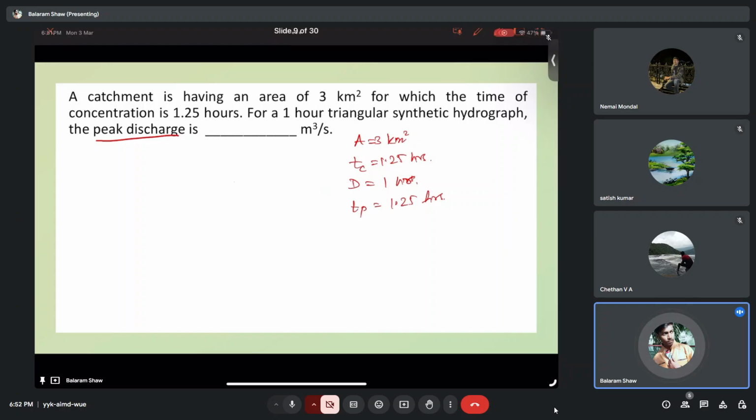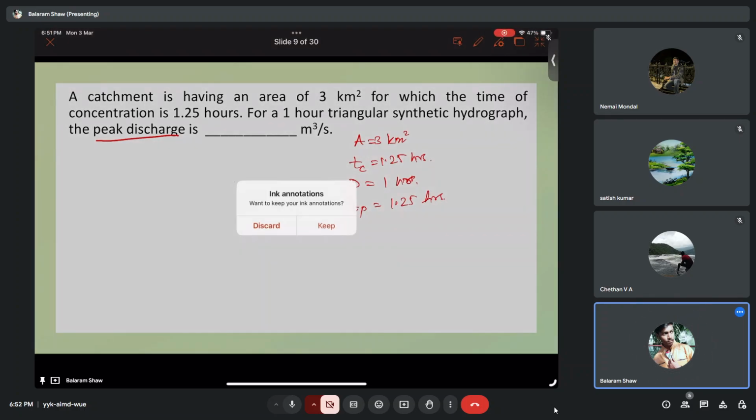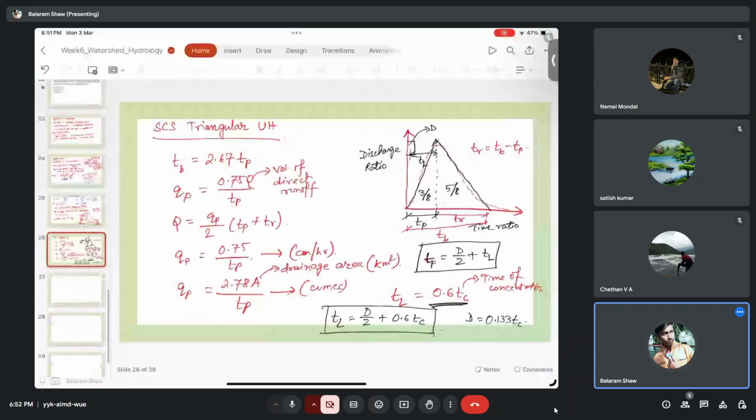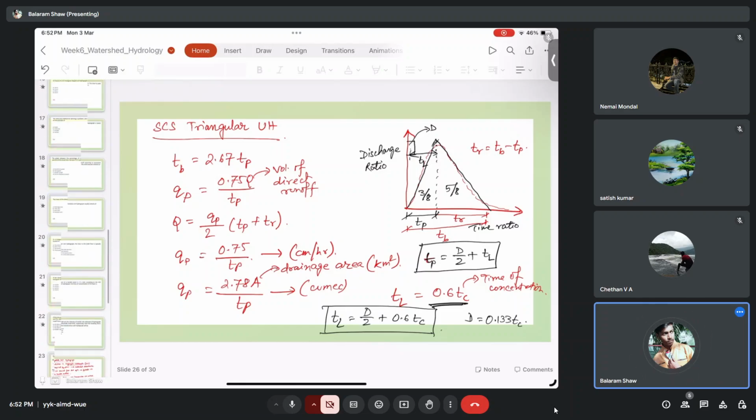So we have just seen the formula for peak discharge. What was that? That will be there in the figure also. Yeah, it is 2.78 A by TP.